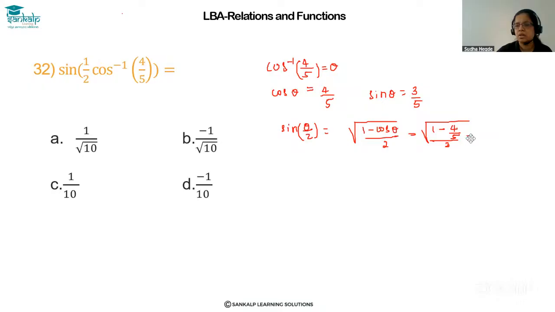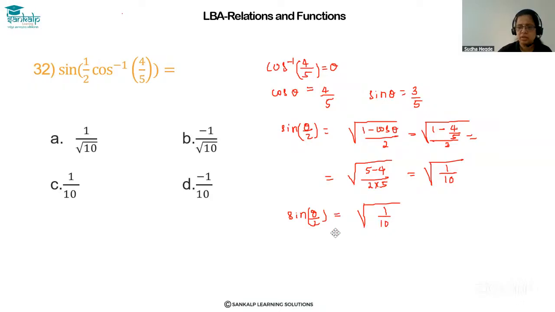That is equal to square root of 5 minus 4 divided by 2 into 5. That is equal to square root of 1 by 10. So sin theta by 2 is equal to square root of 1 by 10.